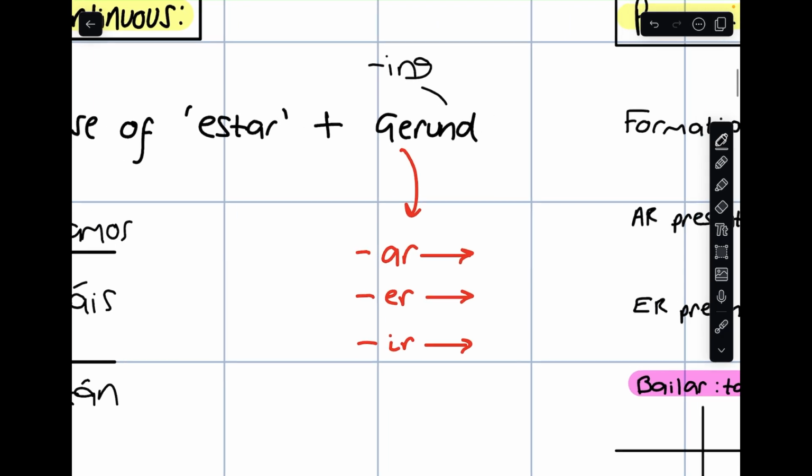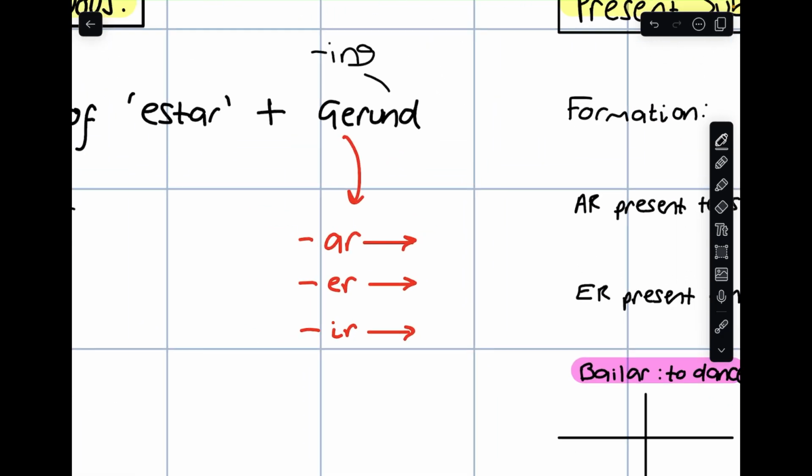Now, to form the gerund, it's a fairly similar process to the past participle. So we take off the AR verb and we add on ando. For ER and IR verbs, we take off the ending and add on yendo. So recognise that the ER and IR endings are the same.